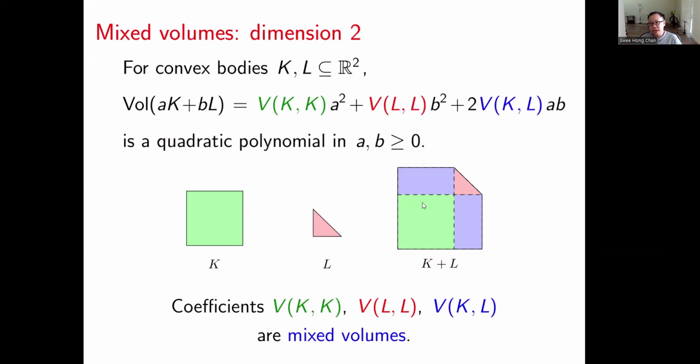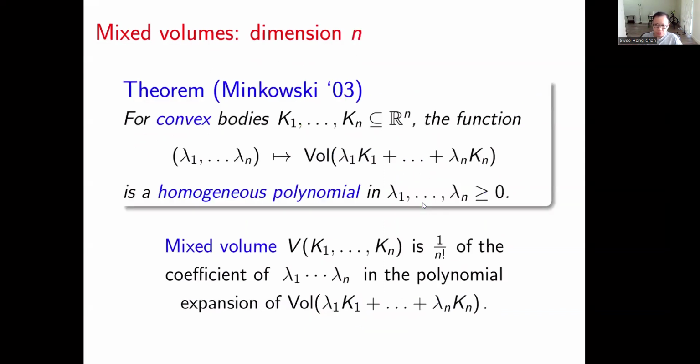Now, this idea can be extended to general dimension. In the general dimension, if you are given n many polytopes K_1, K_2 up to K_n in n dimensions, then again you take the Minkowski sum lambda_1 K_1 plus lambda_2 K_2 up to lambda_n K_n. The lambda_i's are now your positive variables.